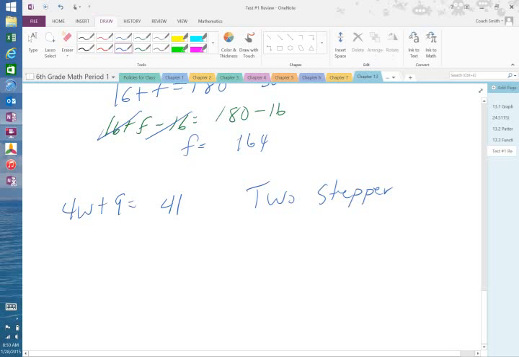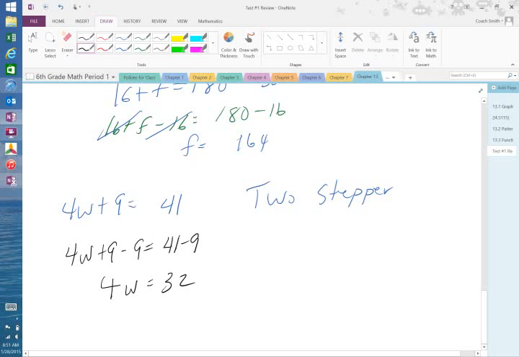So, I have to do this. 4W plus 9 minus 9 equal 41 minus 9. What's 41 minus 9? 32. So that gives me 4W equal 32. Now what do I do to solve?